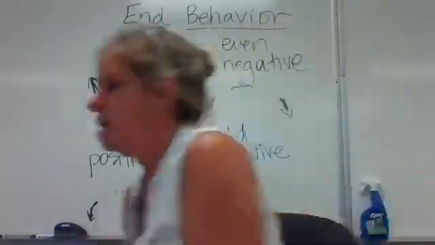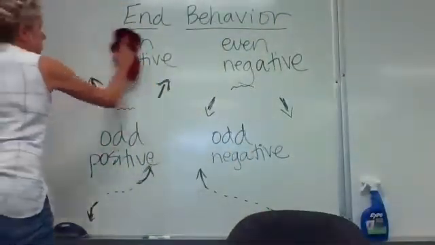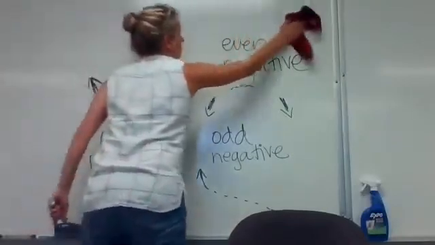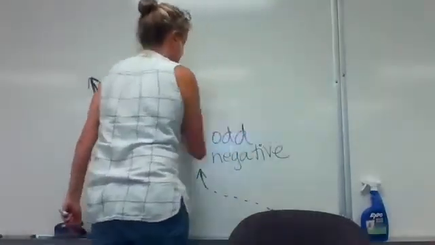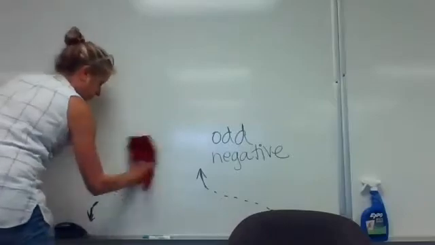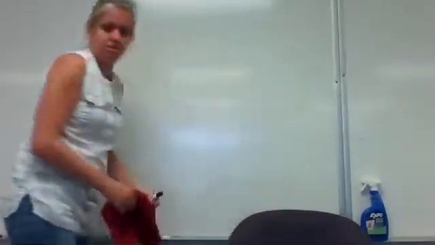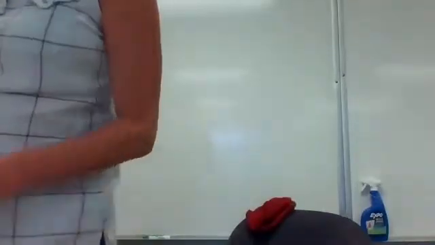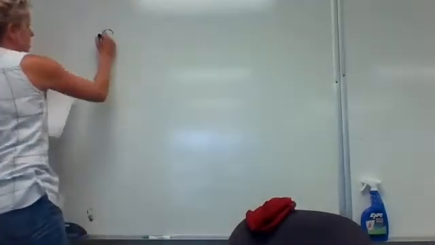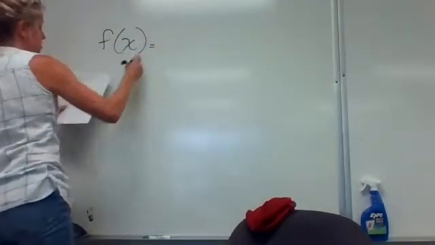Okay. Number 1 says, select from the following 4 sketches the one that describes the end behavior of the graph of the given function. So it's going to give you a function.